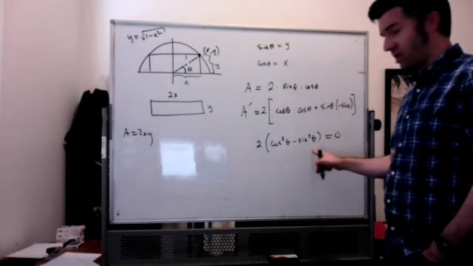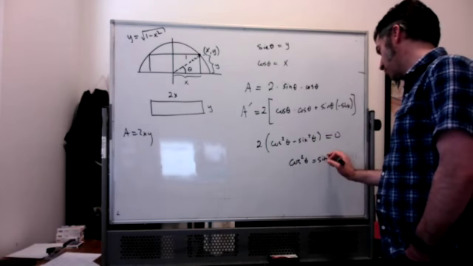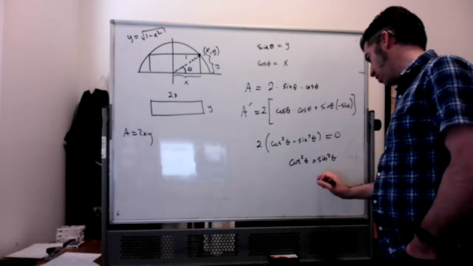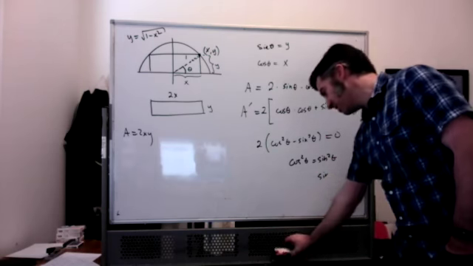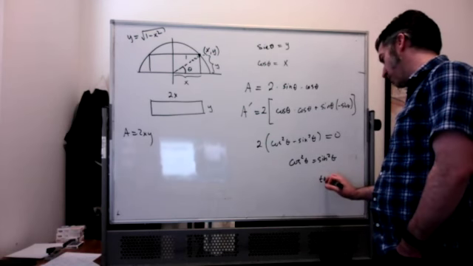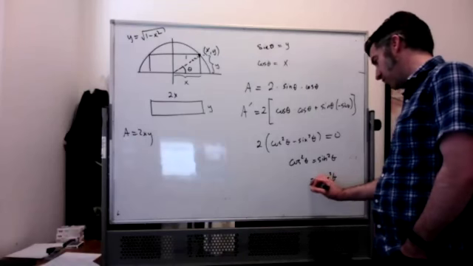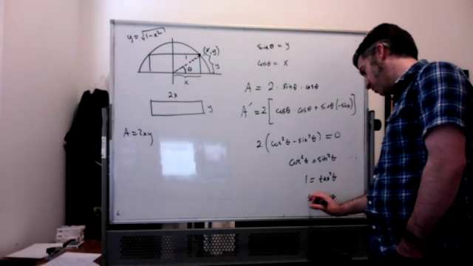So I basically want this to equal this. I want cosine squared theta to equal sine squared theta. You can take the square root of both sides, or you can divide both sides by cosine squared. Dividing by cosine squared, tangent squared theta equals 1. So tangent theta is plus or minus 1.